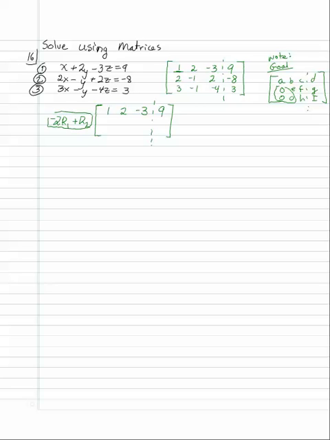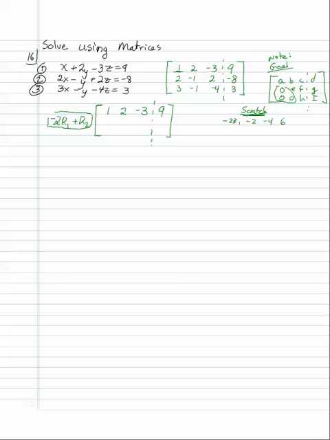So again, let me do my scratch work over here. The idea is you want to get good at this, so that you don't write any of the scratch work down. You just punch it in your calculator as you go, or do it in your head as you go. But -2 row 1 would be -2, -4, 6.